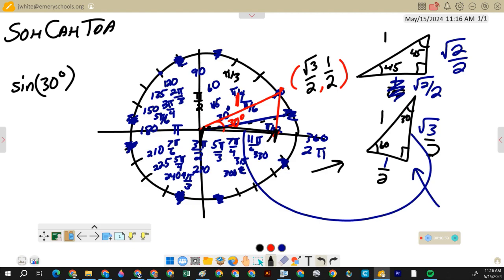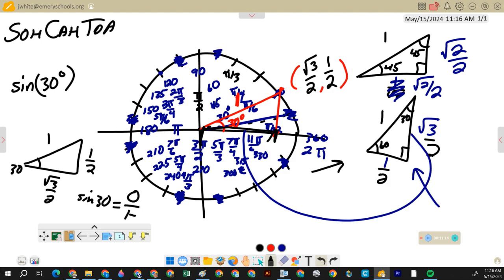So let's look over here. If I had this triangle, and this was root 3 over 2, and this was 1/2, and this was 1, and this was 30 degrees, what is the sine of 30? Well, sine is O over H. But something cool happens when H is 1.